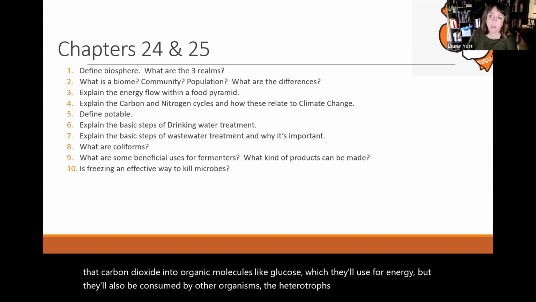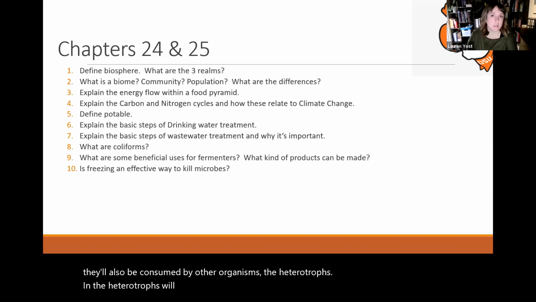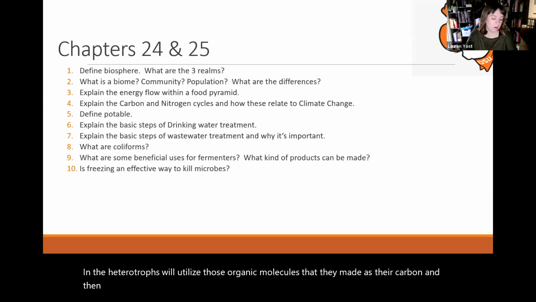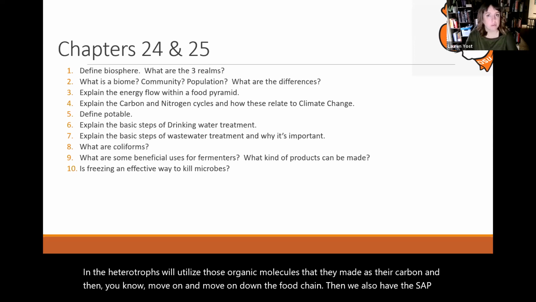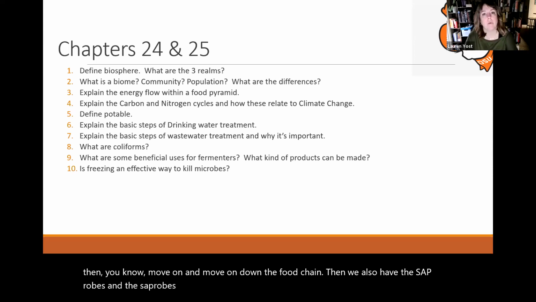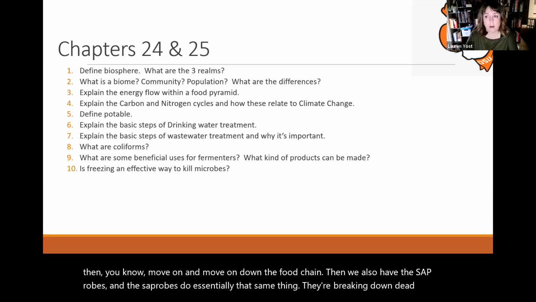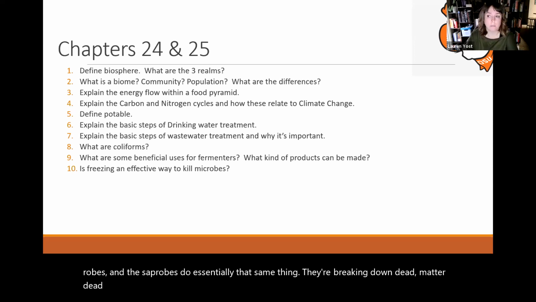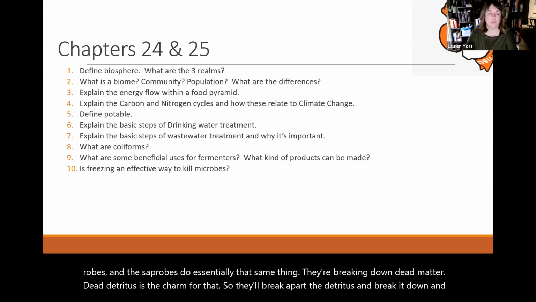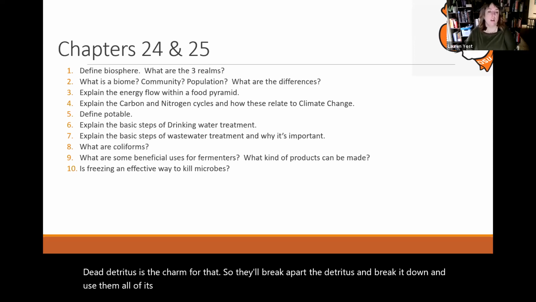And the heterotrophs will utilize those organic molecules that they made as their carbon, and then move on down the food chain. Then we also have the saprobes, and the saprobes do essentially that same thing. They're breaking down dead matter. Dead detritus is the term for that. So they'll break apart the detritus and break it down and use all of its components for their own cells.